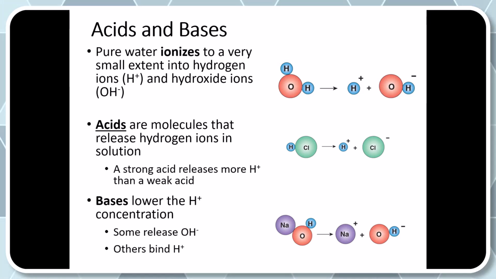A strong acid releases more H plus than a weak acid, and bases lower the concentration of hydrogen ions. They either release hydroxide or bind to H plus, because releasing OH negative means they'll pick up more H pluses. In our pictures here, we've got an example of hydrochloric acid as our acid, and sodium hydroxide down below as an example of a base.